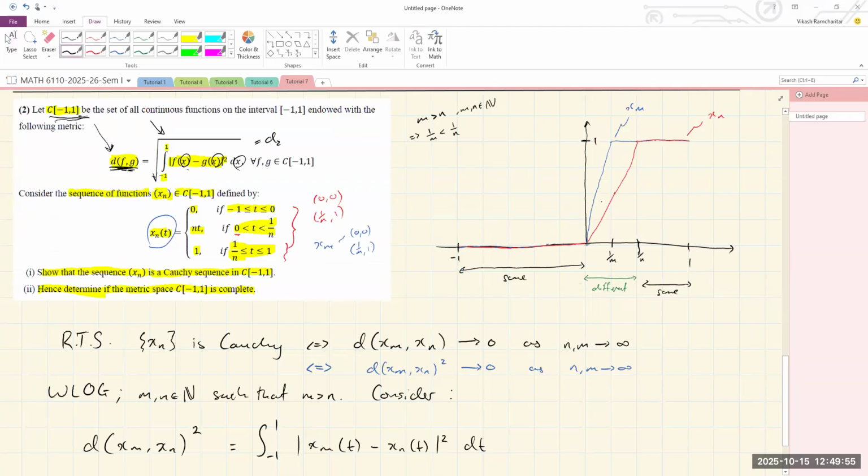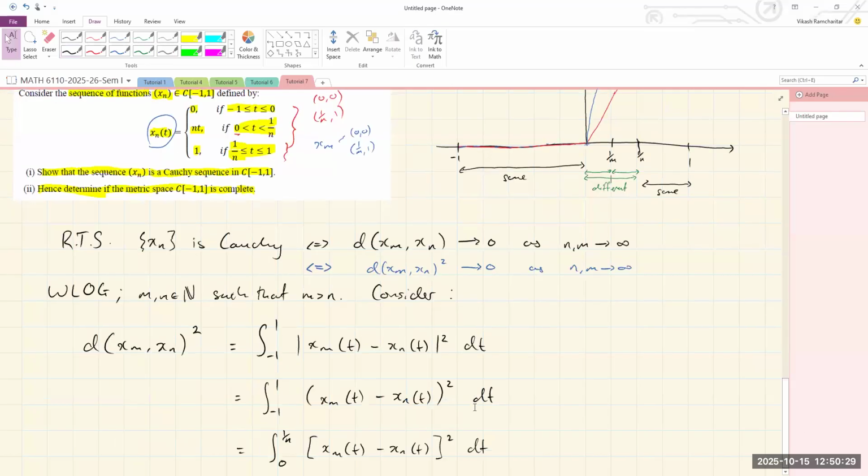Notice that the function xm, the blue one, changes its behavior at 1 over m. So I need to break this integral up further because I'm integrating piecewise defined functions. I'm going to break it up as the integral from 0 to 1 over m, and then, where the blue function changes its behavior, from 1 over m to 1 over n.